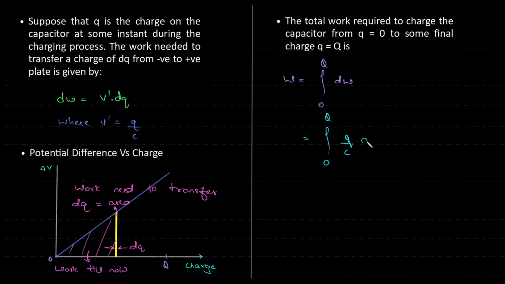As you can see, it's a very simple expression. C is a constant, so I'll take it out. Integration of Q is Q square by 2, and this is from 0 to Q, right? So when you substitute this, let me write it in a neat manner. That's it, as simple as that, right?